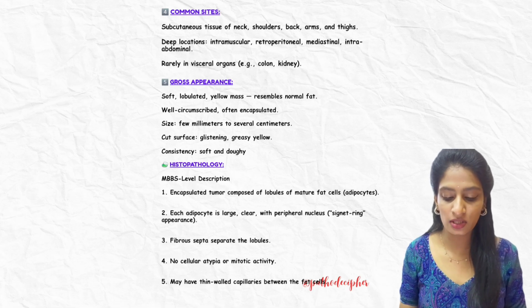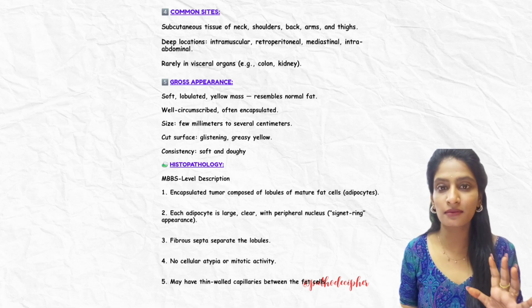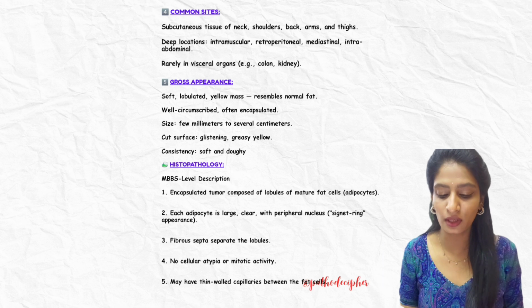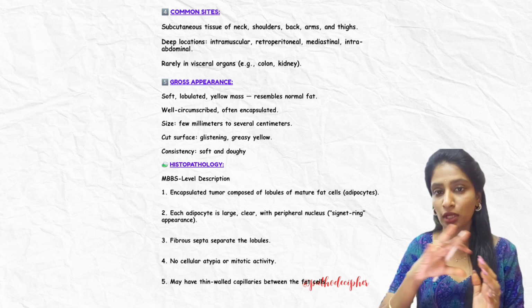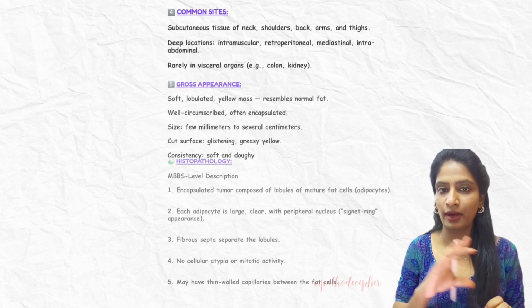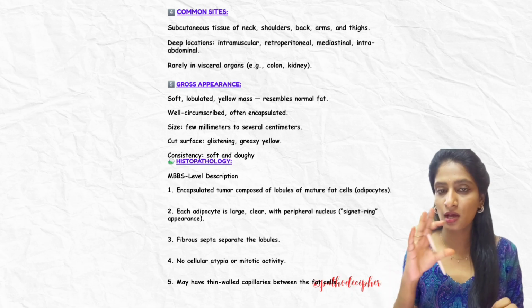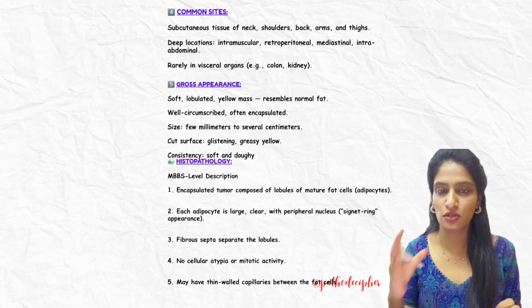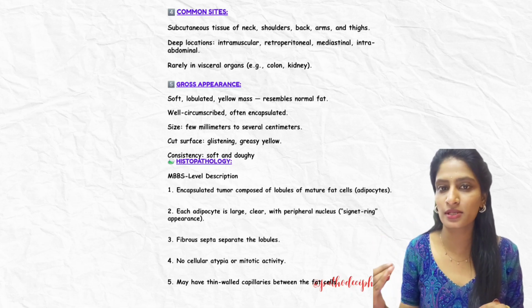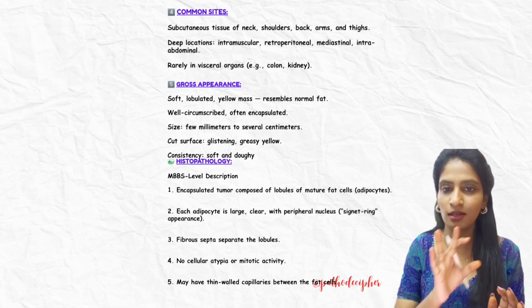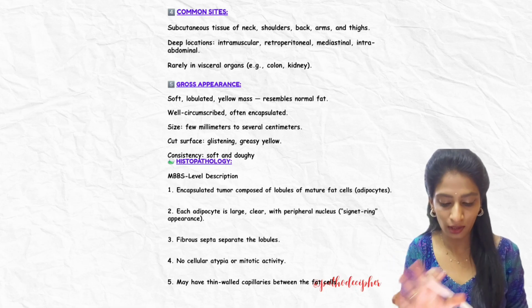So coming to the histopathology level, at MBBS level, you should know it's an encapsulated tumor composed of lobules of mature adipocyte tissue, separated by fibrovascular septae. So that is the classic description for lipoma.